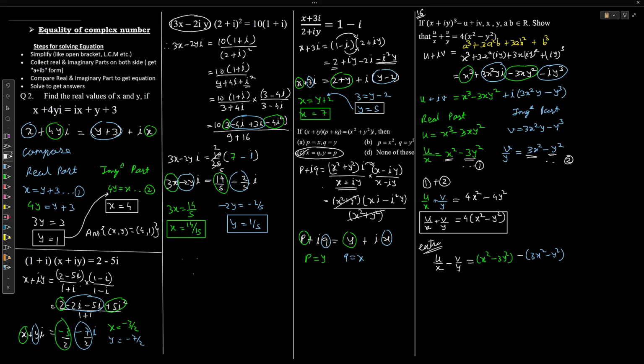So we will get minus 2x square minus 2y square, or we can take minus 2 common, we'll get x square plus y square as u by x minus v by y. Hence proved.